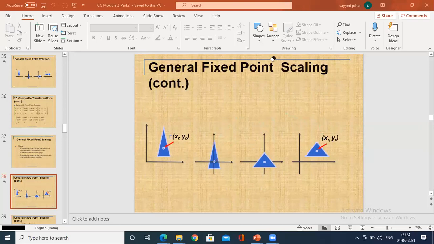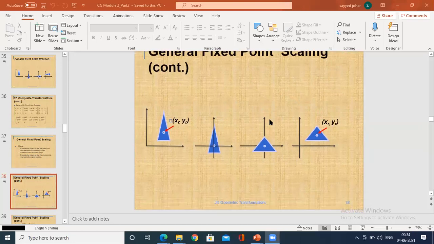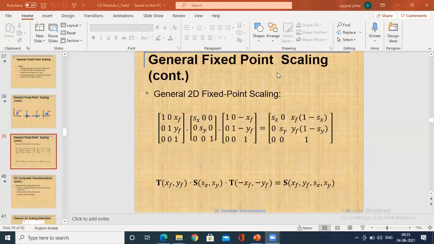Translation along x-axis, y-axis. So how do you write a homogeneous coordinate matrix with respect to translation, scaling, translation? Here you have a translation matrix, this is a scaling matrix, this is a translation. You are going to get this, right?